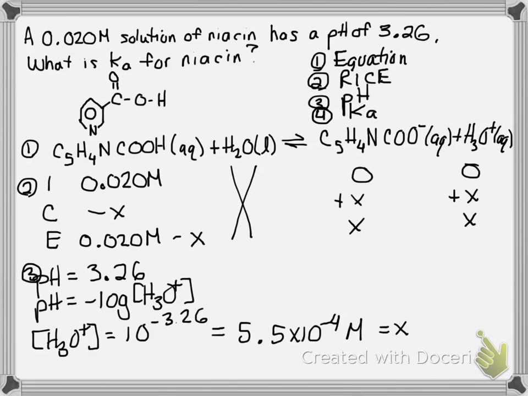So next, we also know that that is in fact x, because the hydronium concentration at equilibrium was x. We now know the hydronium concentration at equilibrium, so we now know x. x is 5.5 times 10 to the negative 4. Next step is to write the Ka expression.